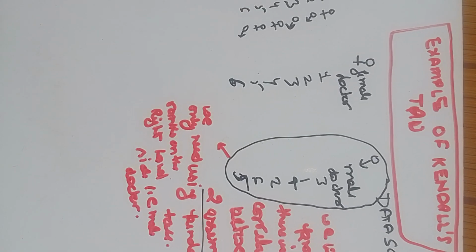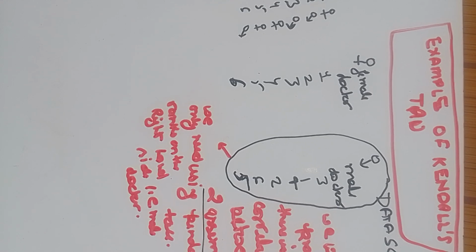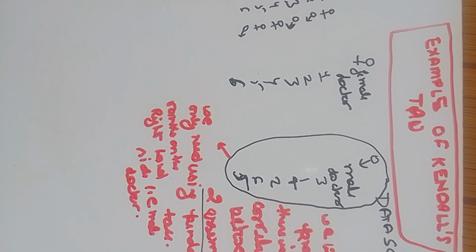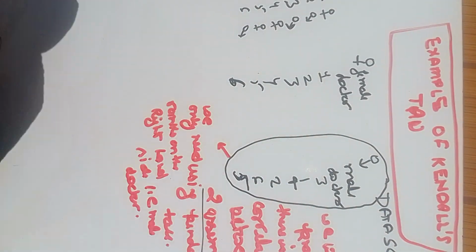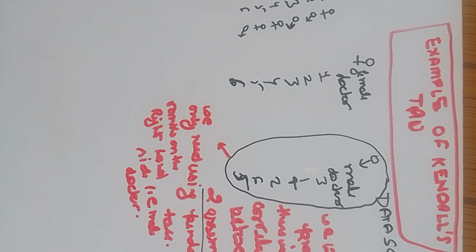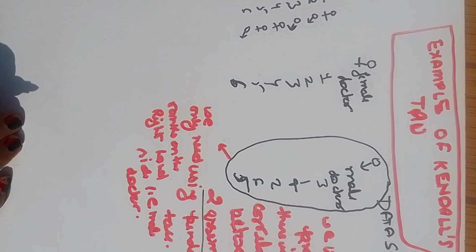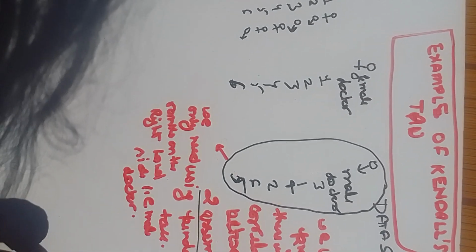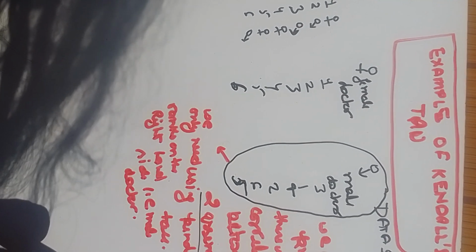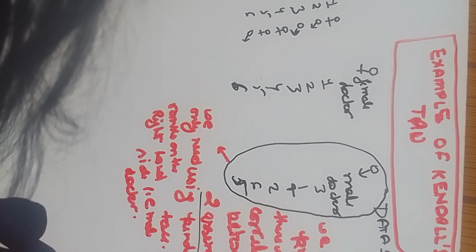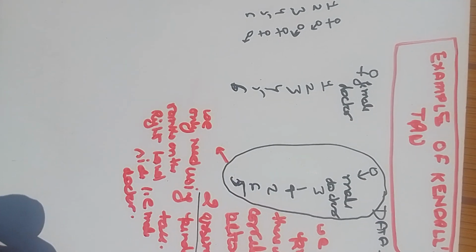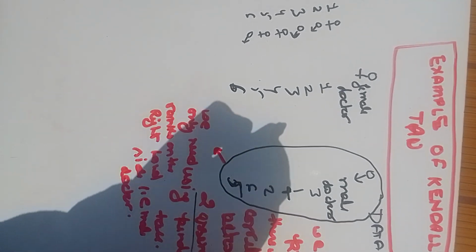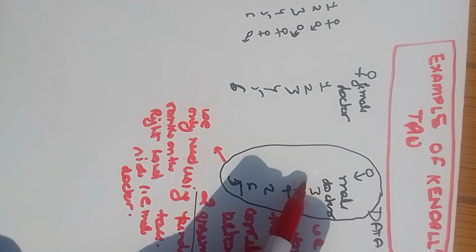Now let's see how data scientists, with the help of machine learning, compare these things using Kendall's tau. I am teaching you the maths and statistics part which is used to build AI models with the help of Kendall's tau.